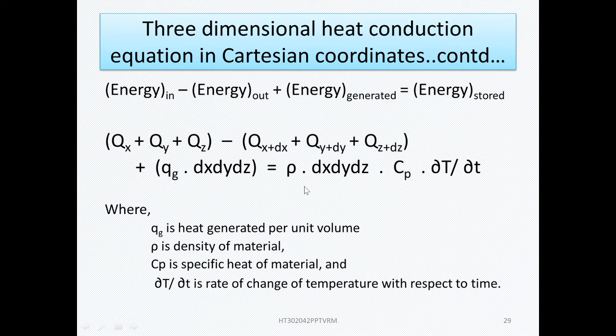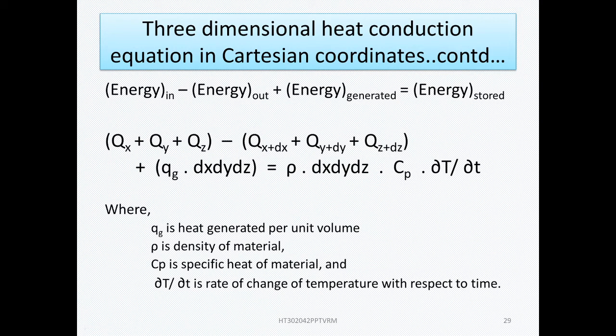Density into volume is m, mass, into Cp, the specific heat of the material, and then dT by dt. Now this dT by dt is the change in temperature with respect to change in time. So this equation gives us the total energy balance of the cube.